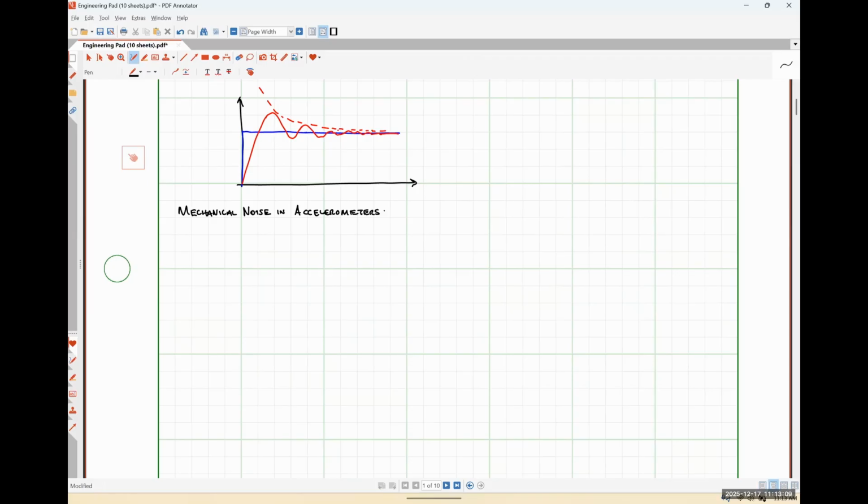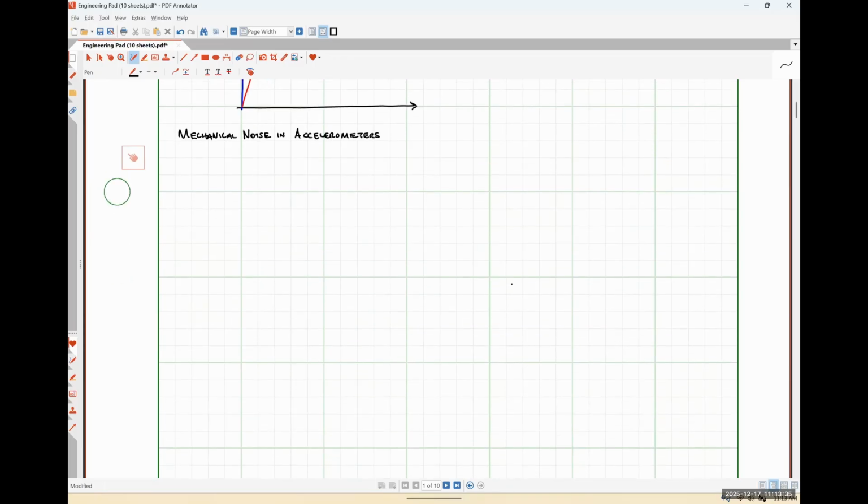So I mentioned earlier when we were talking about noise that in a mechanical system, noise is caused by atomic vibrations. Same thing is going to be here, okay? So we're going to have some amount of mechanical vibrations that is caused by thermal noise. And this is going to set the lower limit for the lowest possible acceleration that we might be able to measure.